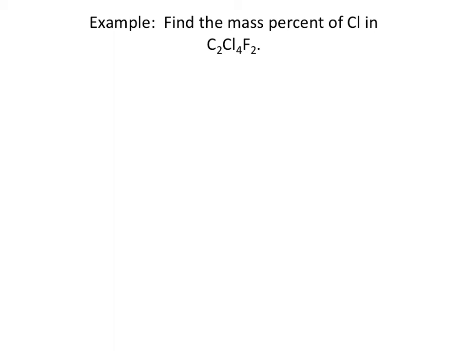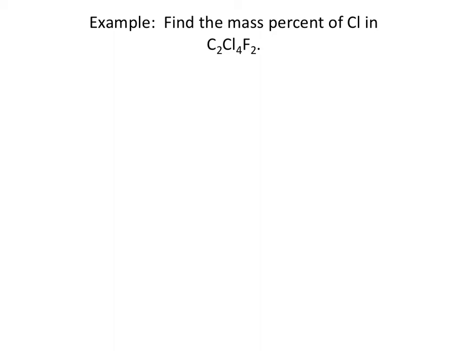Well, if we have 1 mole of the compound, we'll have 4 moles of chlorine atoms. So to find the mass percent of chlorine, all we have to do is add up the masses of the chlorines if I had 1 mole. So I'll do 4 times the molar mass of a chlorine atom, and then divide that by the molar mass of the whole compound, multiply by 100, and that'll give me the mass percent of chlorine in this compound.